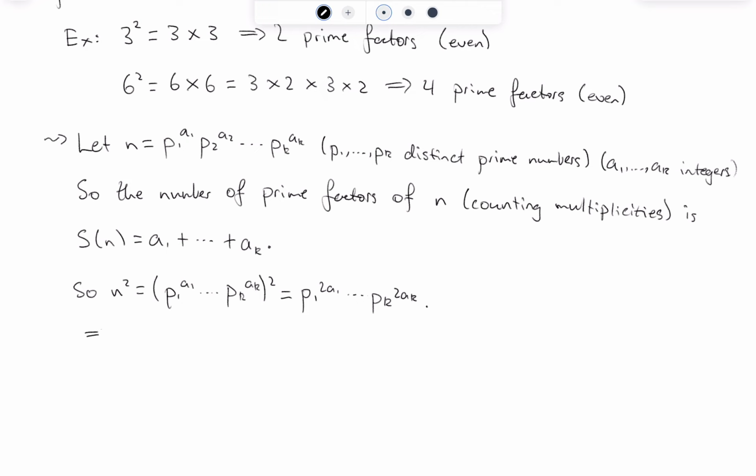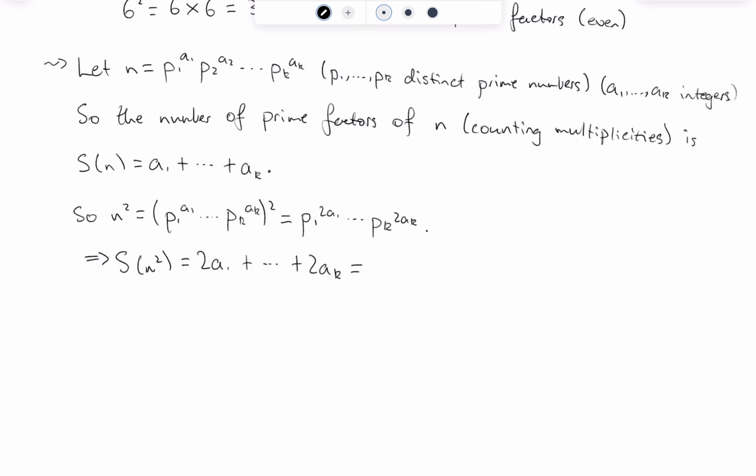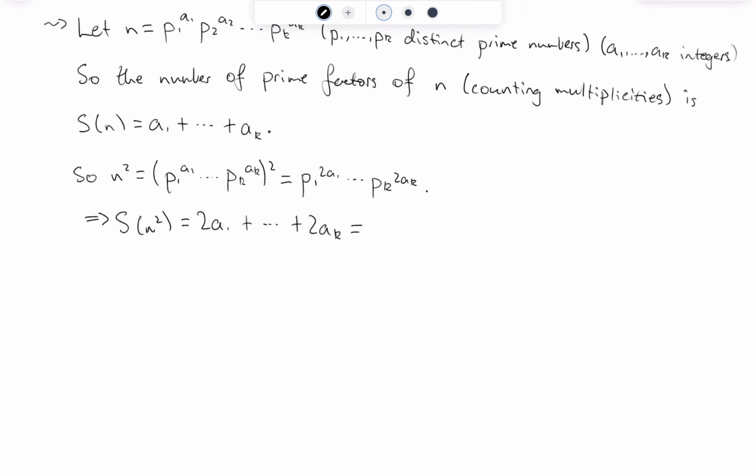So therefore, when we're looking at what we've defined, the number of prime factors of n, counting multiplicity, we'll do that for n squared. So S of n squared is, well, we're going to sum all of the powers. So 2A1 plus dot dot dot plus 2AK. And well, we can factorize this by taking out the common factor of 2.